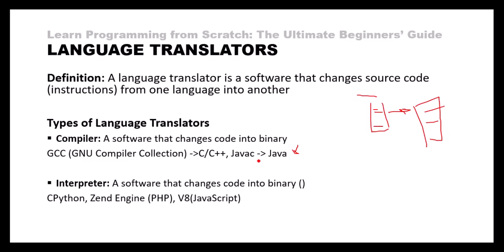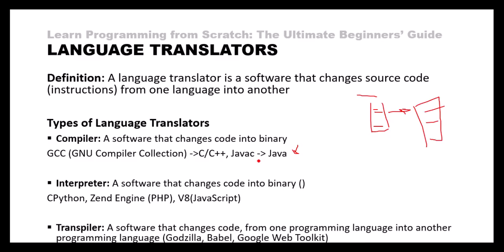Examples of interpreters are the CPython interpreter. You know that Python is not a compiled programming language, but rather it is changed into binary using an interpreter software, not a compiler. We also have the Zend engine that works in PHP, and the V8 engine that works in JavaScript. There are so many of them, but I'm just giving the popular examples.